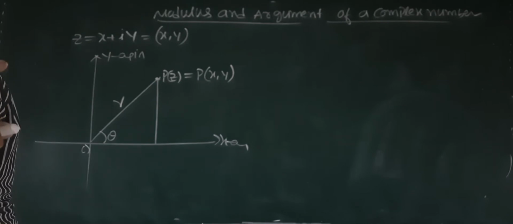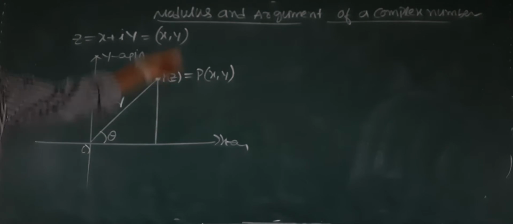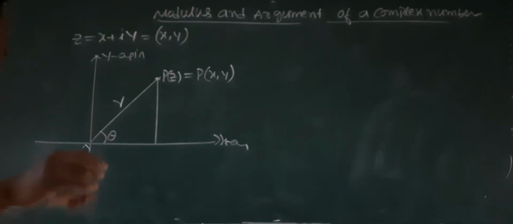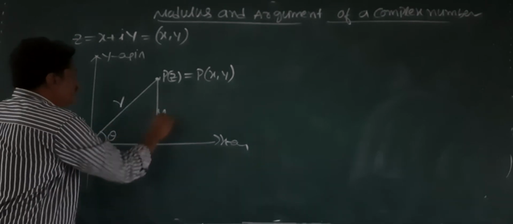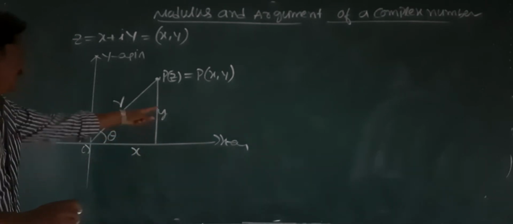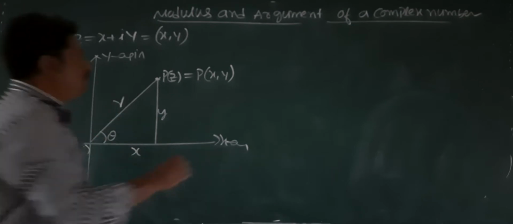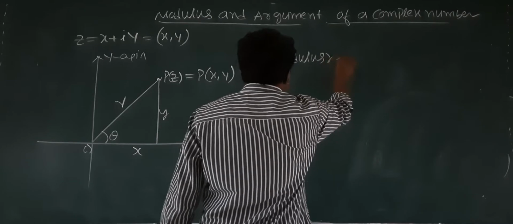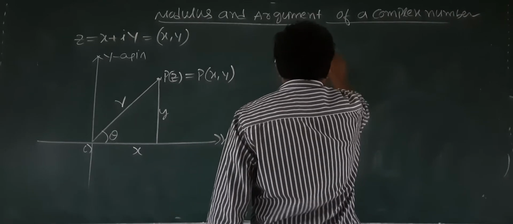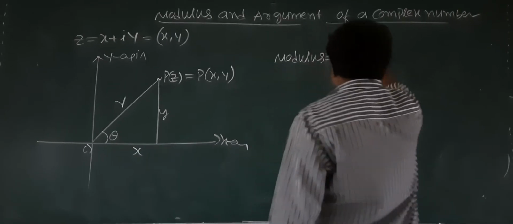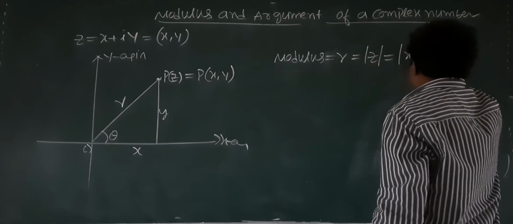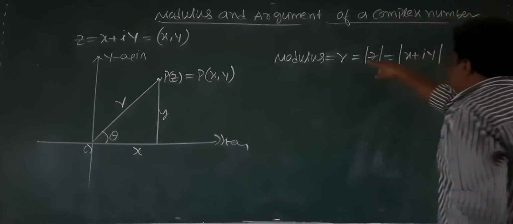Sometimes we also call it amplitude. Argument or amplitude. So modulus r is equal to the length of the complex number. It is nothing but the length of x plus iy, the length of z.